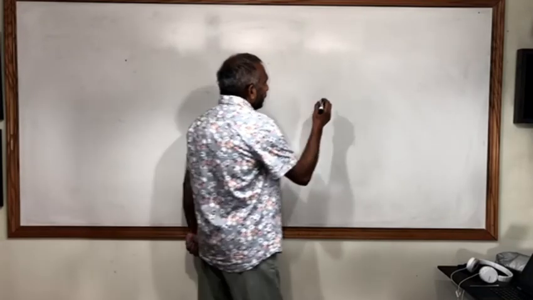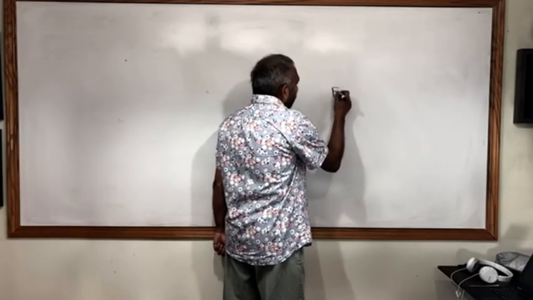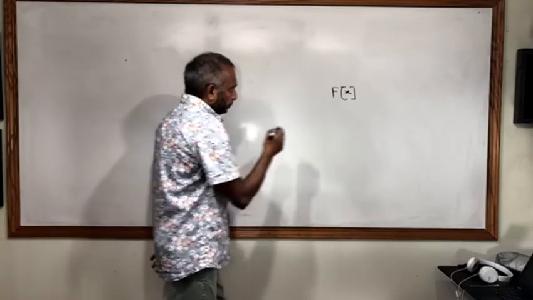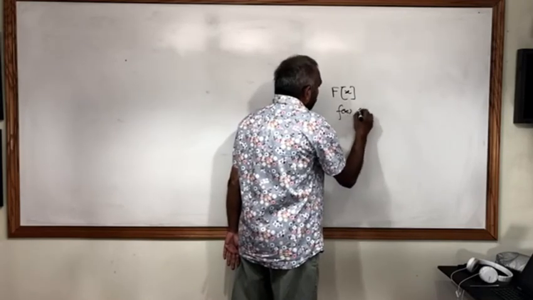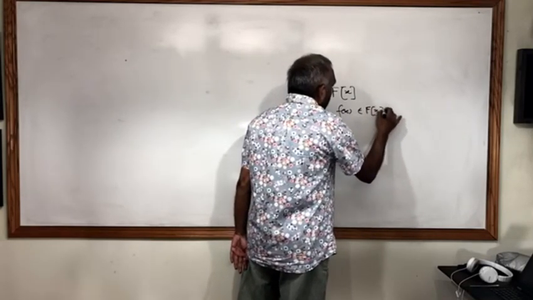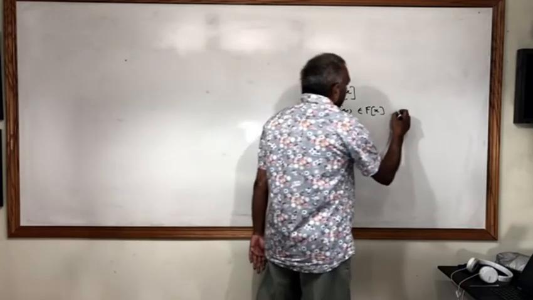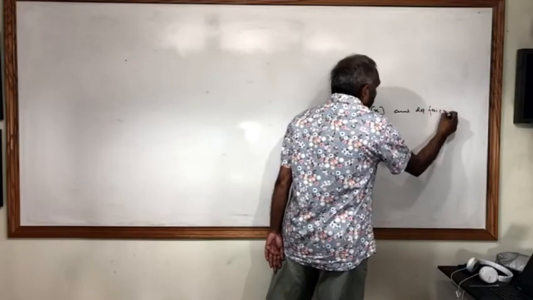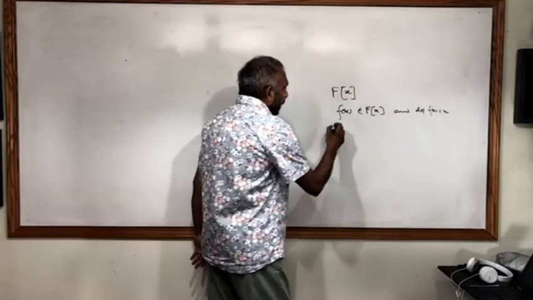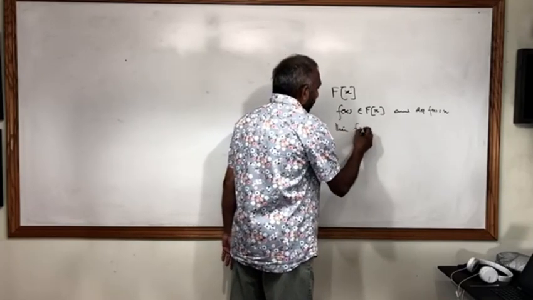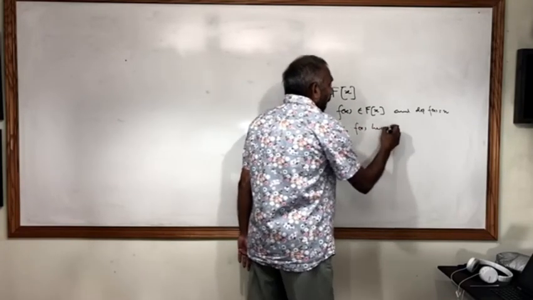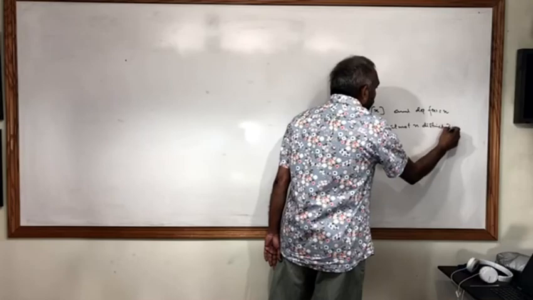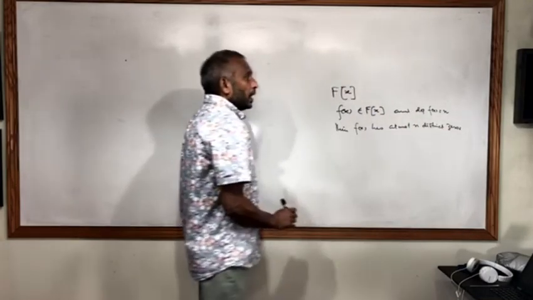We know that if F is a field and F[x] is the ring of polynomials, and f(x) belongs to F[x], and the degree of f(x) is equal to n, then f(x) has at most n distinct zeros.